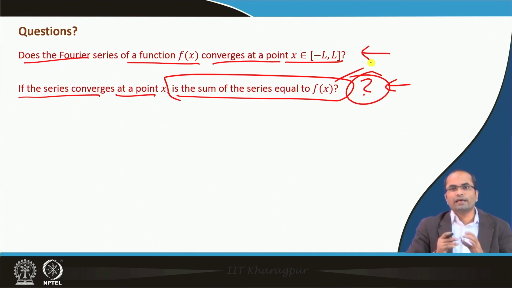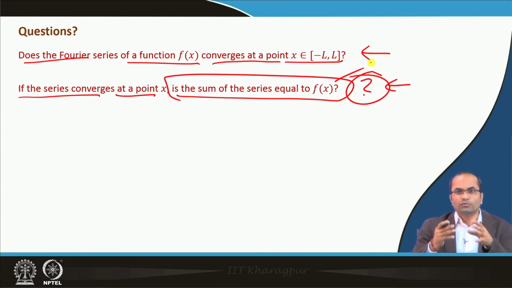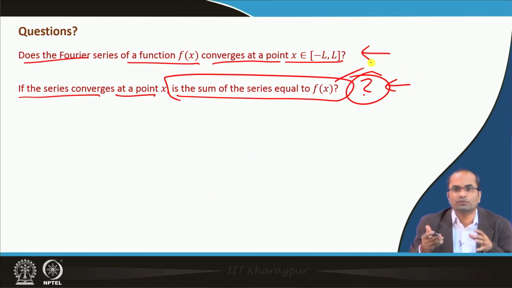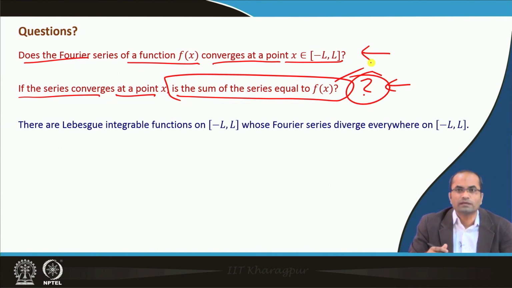What we realized in the previous lecture is that for a given piecewise smooth function, we can always construct a Fourier series, but the question is whether that series will converge or not, and if it converges, whether it will converge to the function whose series we have written. All these questions we will try to answer in this lecture.